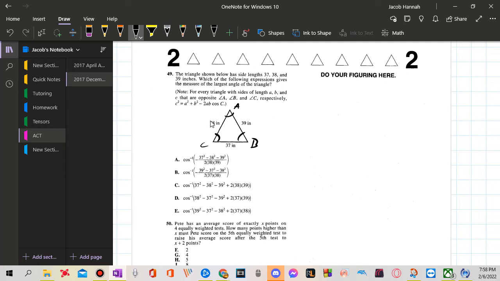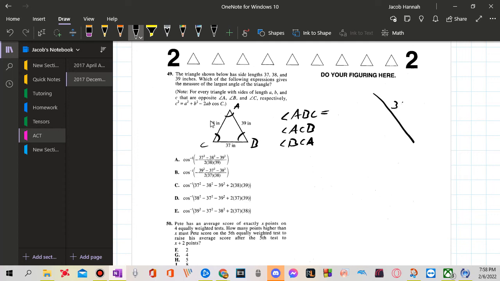If you want to find the angle ABC, or ACB, or BCA, the biggest angle will be opposite the longest side.